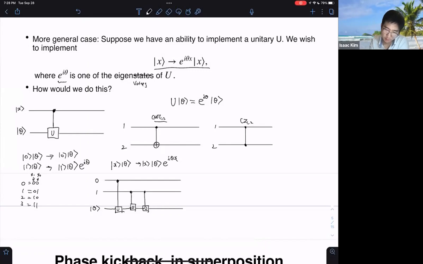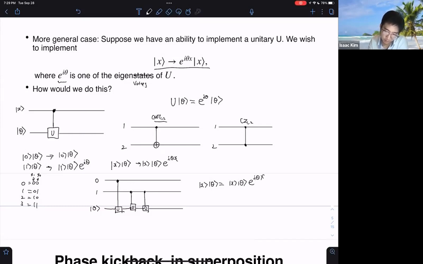So this diagram over here is quite similar to this diagram if we only look at the first part, but there's the second part which is different. And you can easily check for yourself that this operation again maps |x>|theta> into |x>|theta> with a global phase of e^(i theta x).